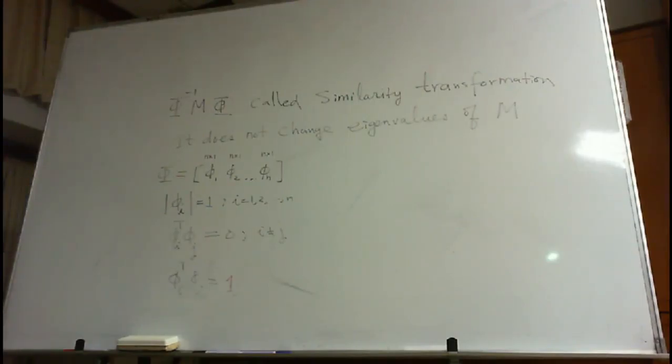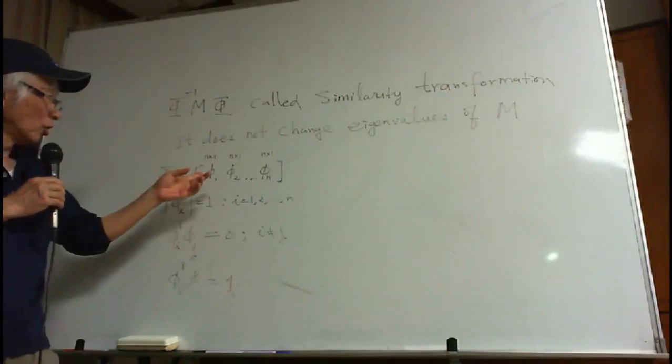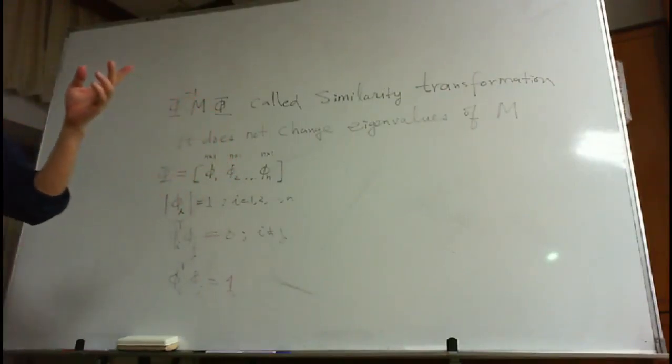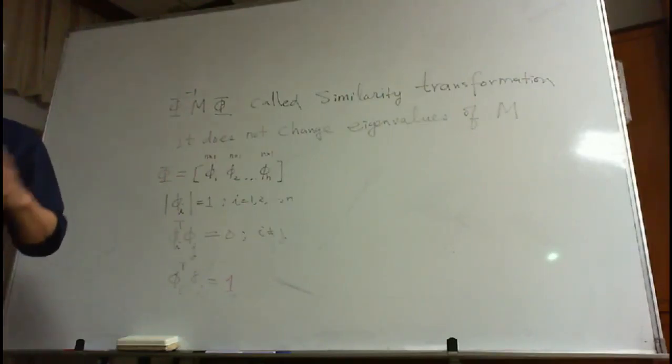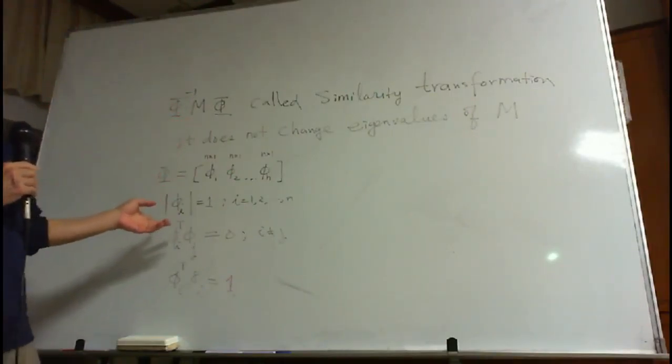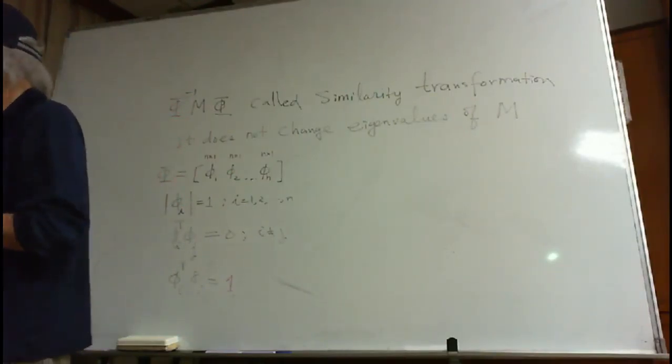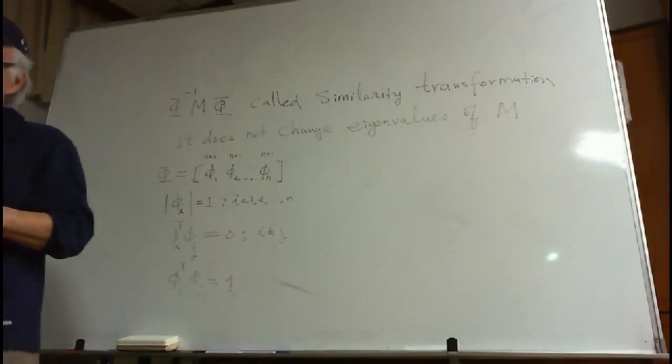All right. Then, one more sentence. All the vectors are real. They are not complex. That's for symmetric matrix properties. Okay?